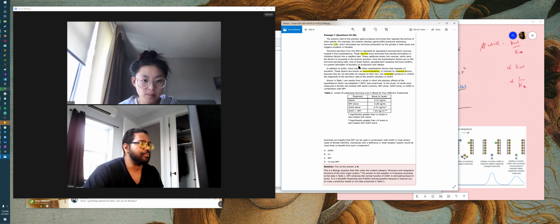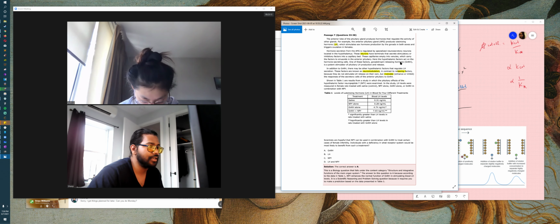But if you had a deficiency in GnRH, since it's upstream of everything else, that is what can be enhanced by using NPY and GnRH.